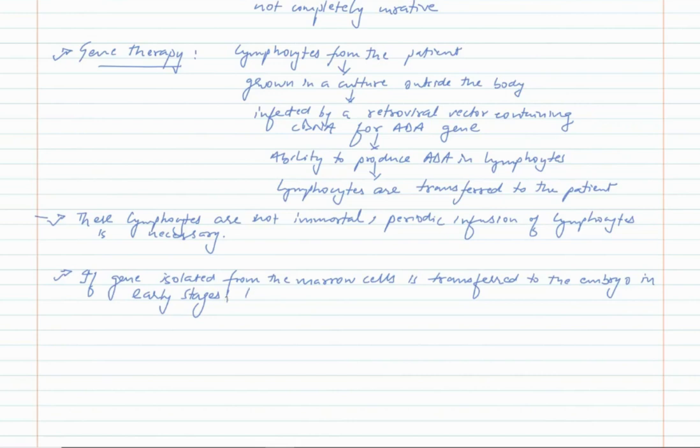If this gene is transferred to the embryo during the early embryonic stages, this can permanently cure the patient, because we know that the embryo contains totipotent or pluripotent cells. All the bone marrow cells will have this gene, and the patient will not require this periodic reinfusion of lymphocytes.